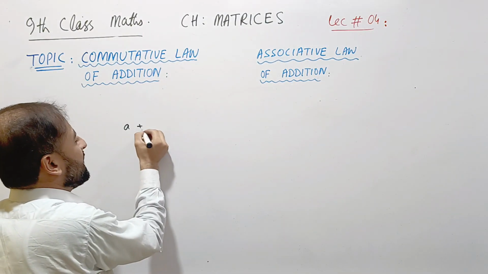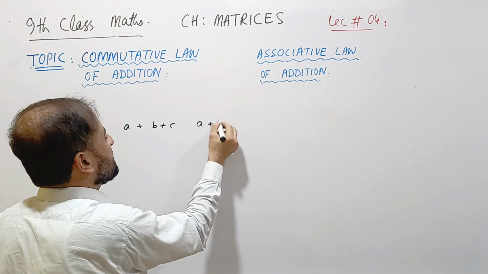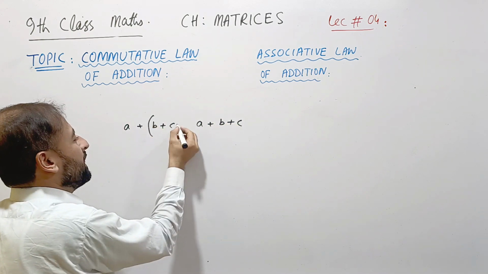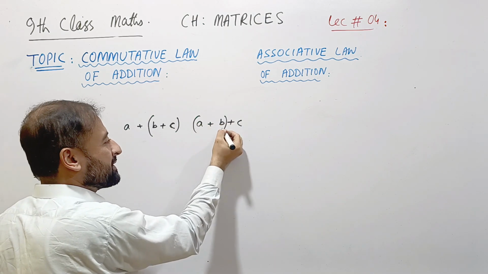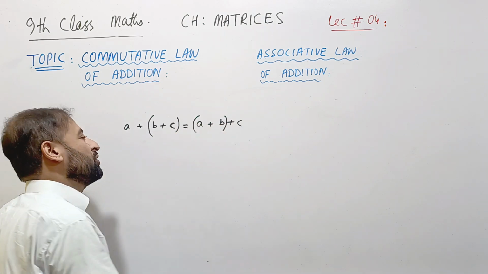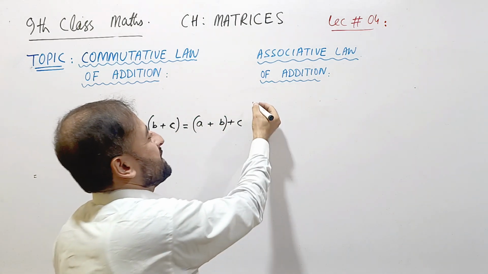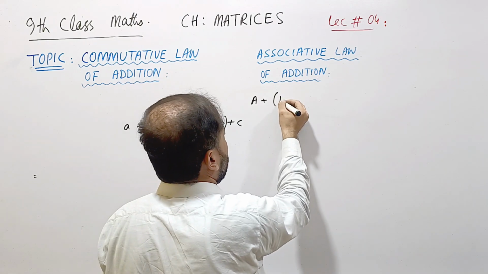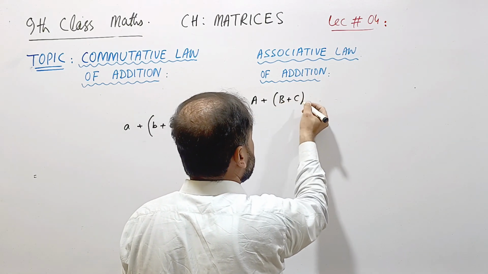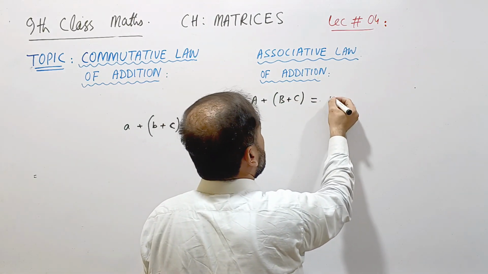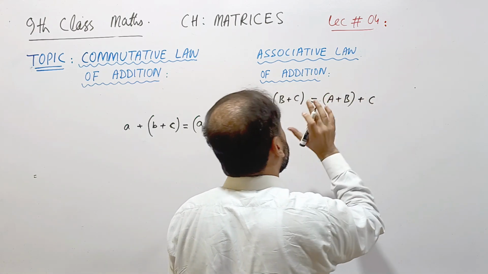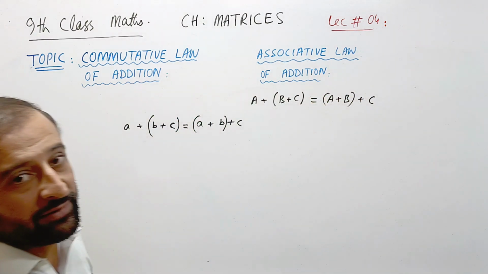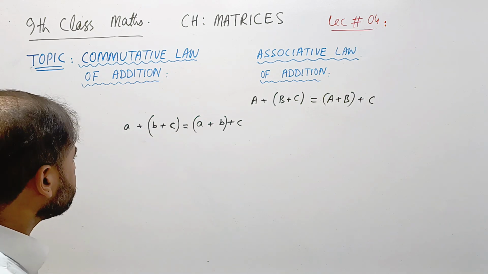For numbers, there are three numbers: A plus B plus C. If you calculate B plus C first, and later on A, or A plus B first, later on C, in both cases, you will have the same results. And same is the case for matrices as well. First, if you determine B plus C, then add with A, or you first add A and B, then C, for A, B, C, three matrices having the same sizes.